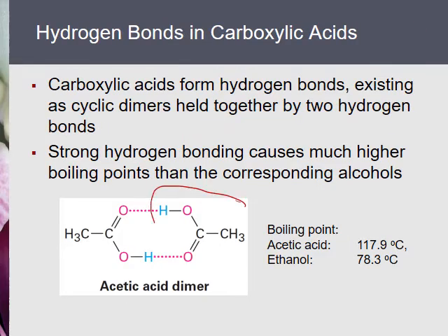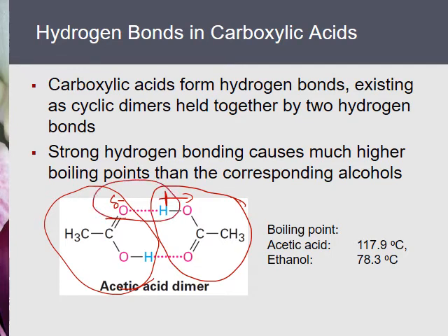In a carboxylic acid molecule, the hydrogen-oxygen bond is strongly polarized with hydrogen positive charge, oxygen negative charge. The positively charged hydrogen is attracted by the negatively charged oxygen, and this strong interaction is called hydrogen bond.